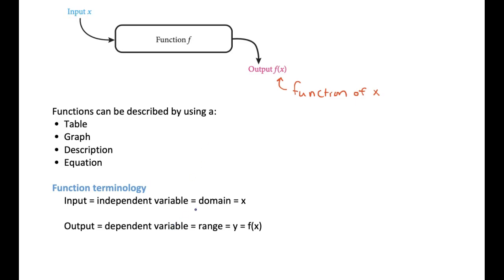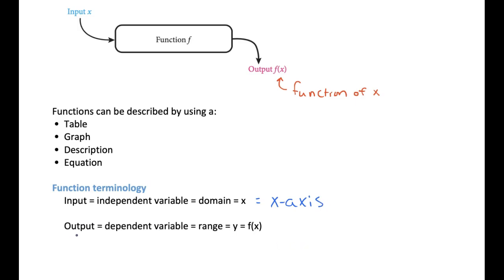That's what we put into the equation. It's called the domain. That's really important to know, and it's usually x. Sometimes, as you all have seen, it's t or a or something else, but it's usually x, and it is also the x-axis.